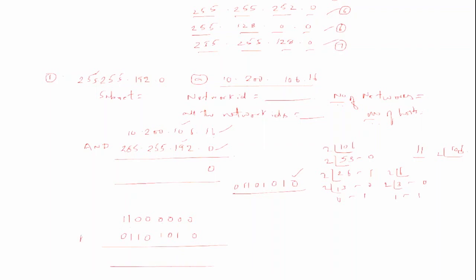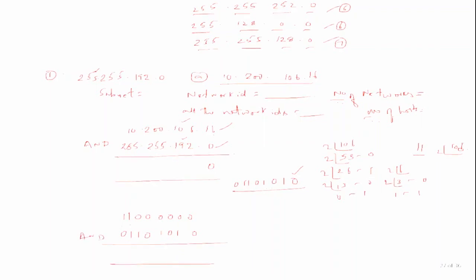Now perform an AND operation here. 0 and 0 is 0, 0 and 1 is 0, 1 and 1 is 1, and the rest are 0.